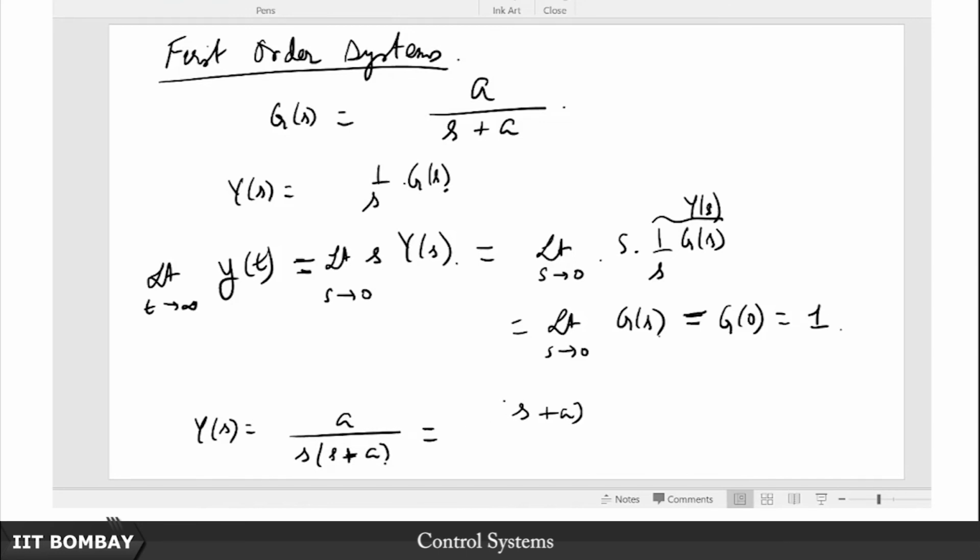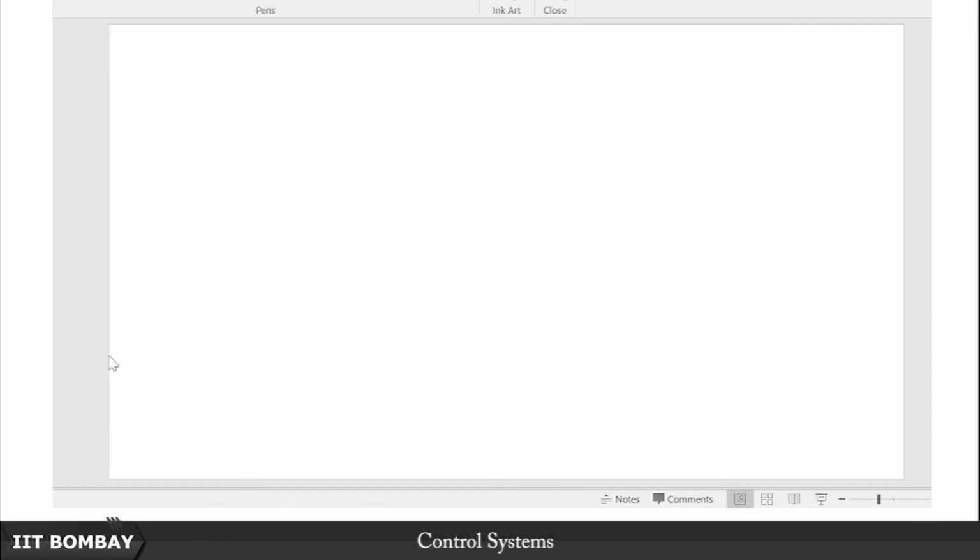What I am going to do is just balance terms above and below. So what I am then going to get is 1 by s minus 1 by s plus a. So if I go to the next slide, y(t) is equal to Laplace inverse of 1 by s minus 1 by s plus a.